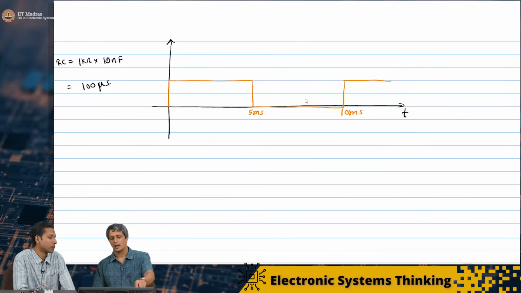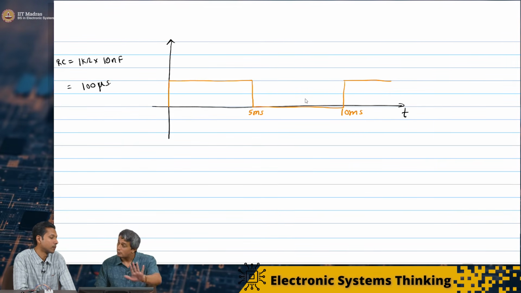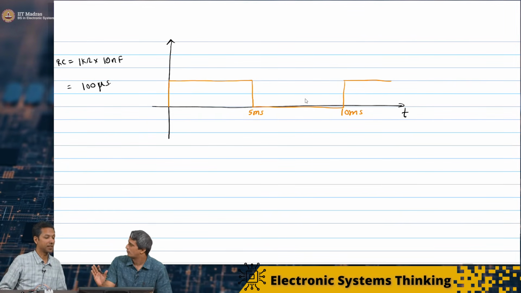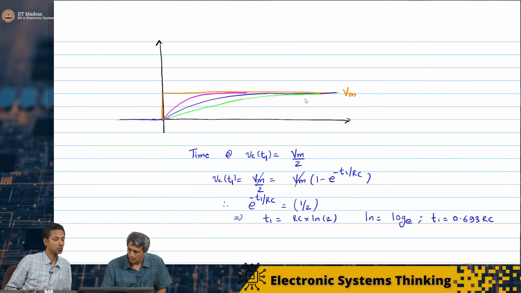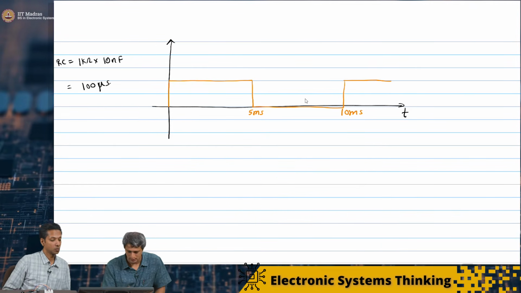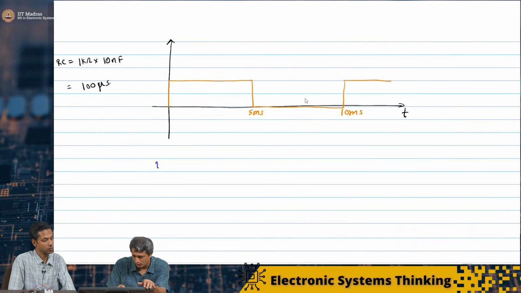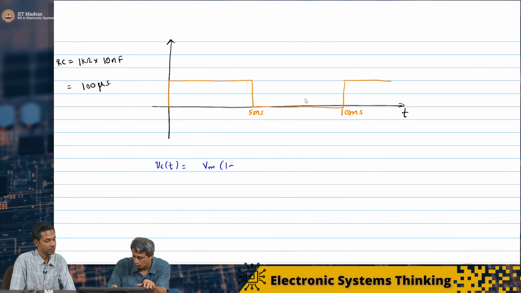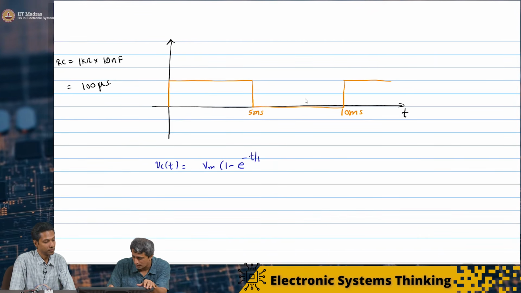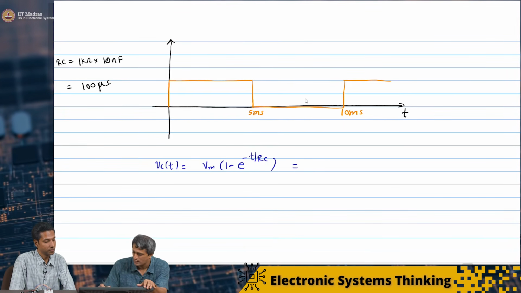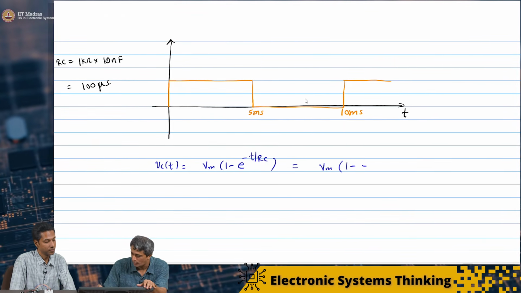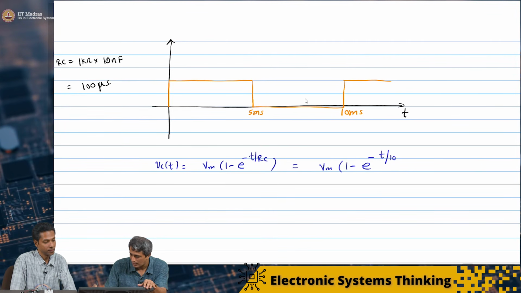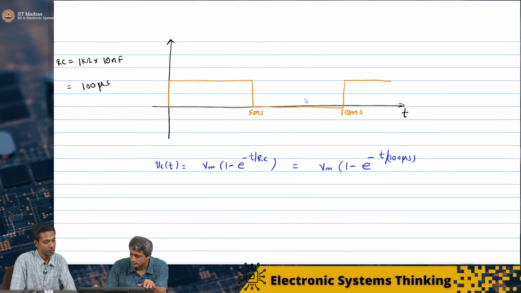Now, compared to 100 microseconds, this 5 milliseconds is like infinite time, right? It's very simple to see that. You just take this equation that we have again. Vc of t is Vm into 1 minus e power minus t by RC, and I am looking at Vm into 1 minus e power minus t by 100 microseconds.